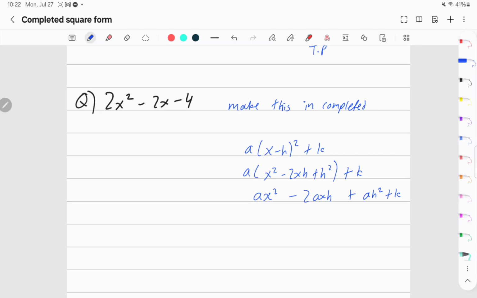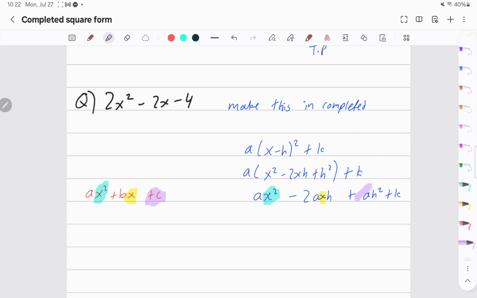Now, if you look closely, the regular equation looks something like ax squared plus bx plus c. You still have your three components: your x squared, your x, and in the end, your constant, here and here. So this means you can compare these two and find your answer.